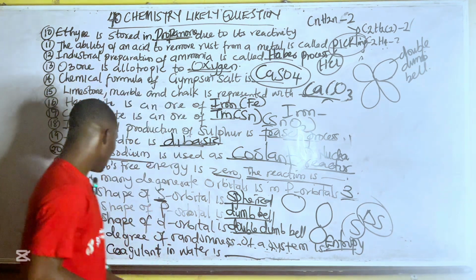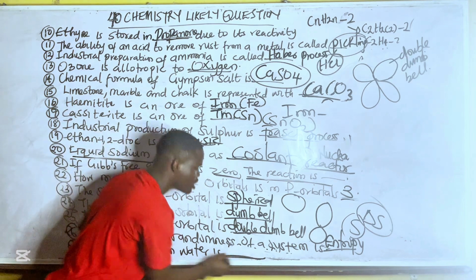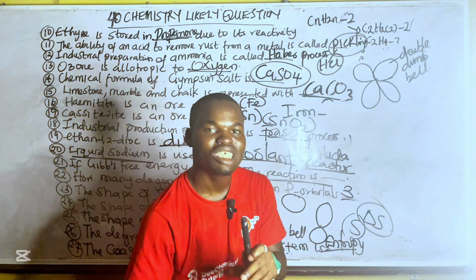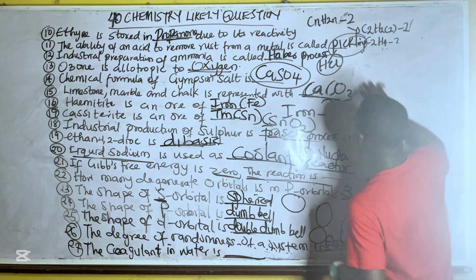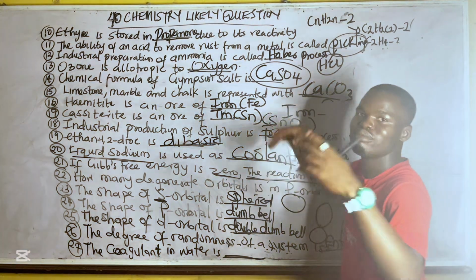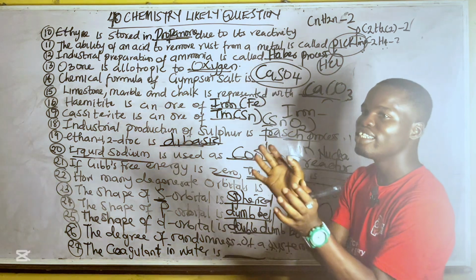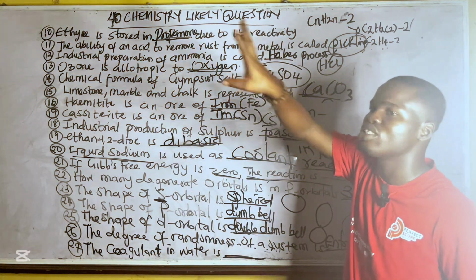Now, coagulant in water. What is the coagulant? Let me explain something. There's something called the municipal distribution of water, that is water for township use. There are different sources of water, river, stream, lakes, and the likes, but they undergo some processes before distribution into town.